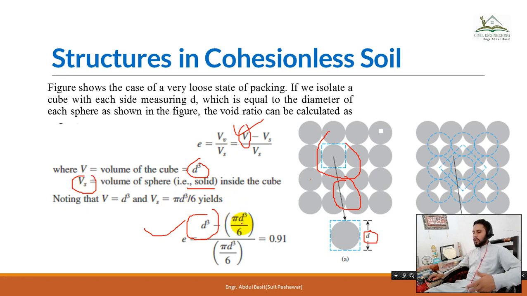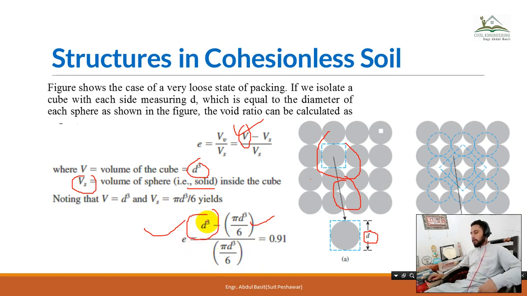The volume of the sphere can be determined by this formula for a diameter d. So this is the formula for the volume of the sphere: pi d cube divided by 6. Similarly, we divide by the volume of soil solids, or you can say volume of the sphere, as both of them are the same.